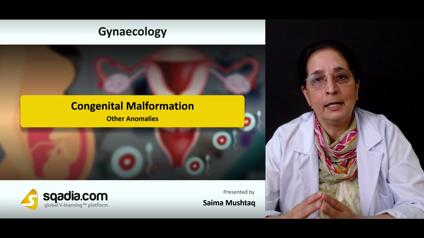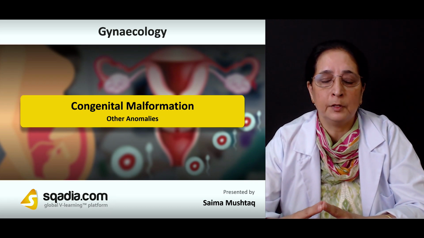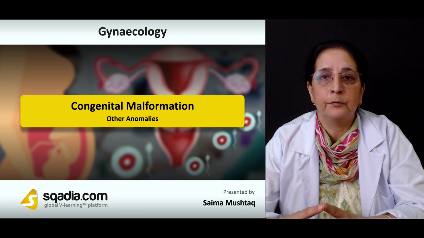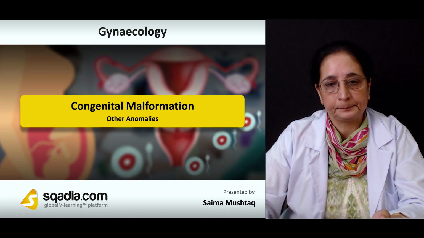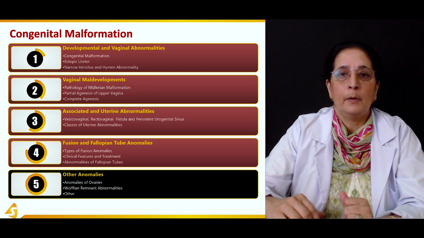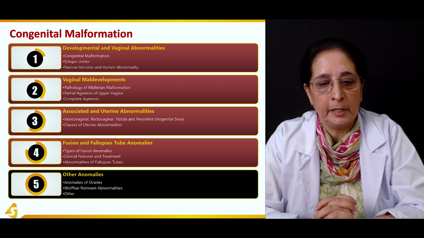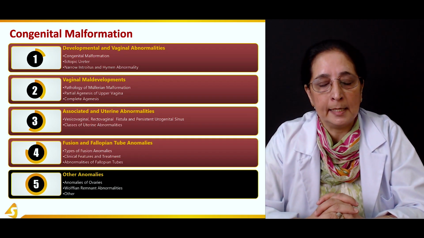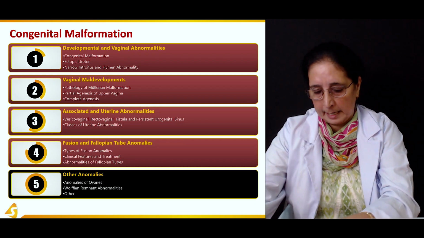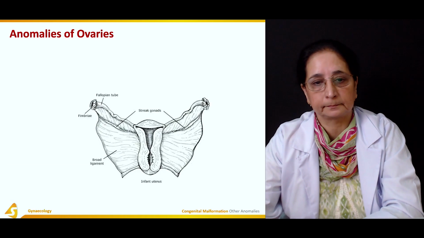Now in the last section of our topic, congenital malformation, we will talk about some other anomalies. In this, we will talk about some anomalies of the ovaries, Wolffian remnant abnormalities, and some other abnormalities.